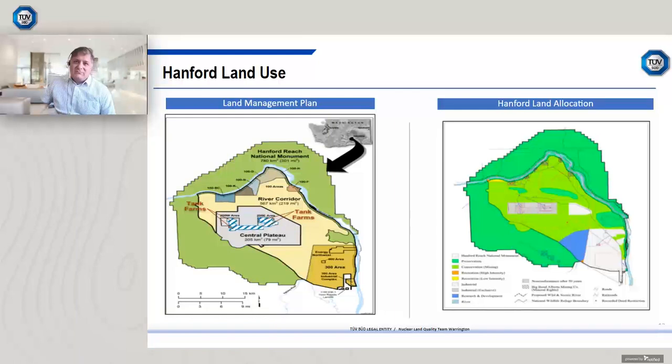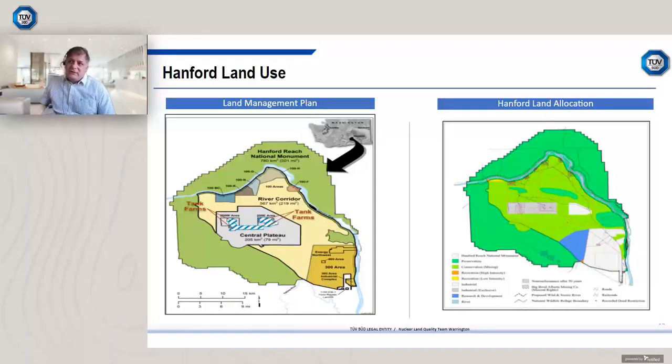It's about 75 square miles, and it contains all the waste tanks, millions of gallons of rad waste. And the key feature on the site, as you can see, is the famous Columbia River corridor. It's got a rad plume inside it, under it.